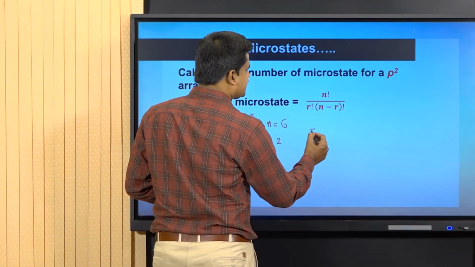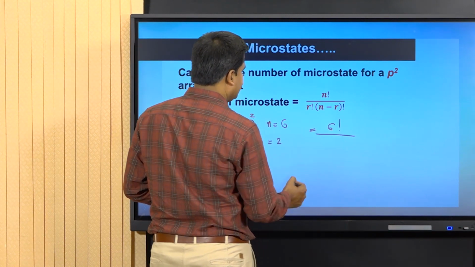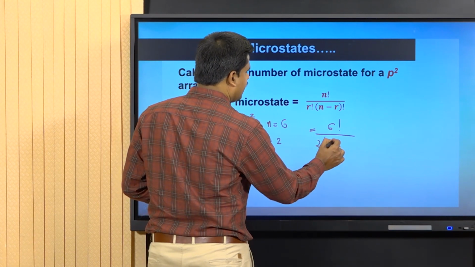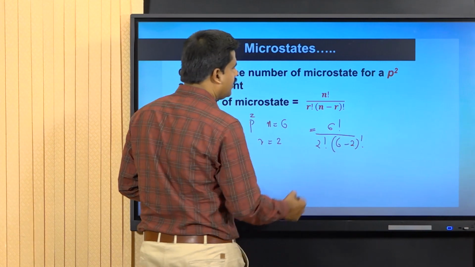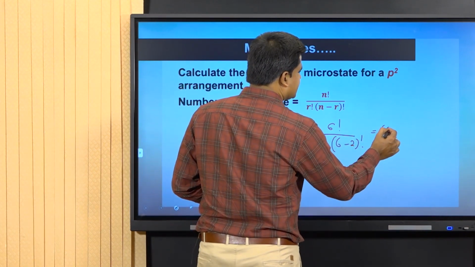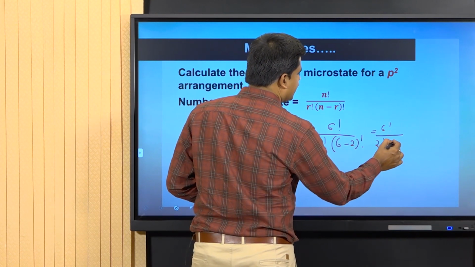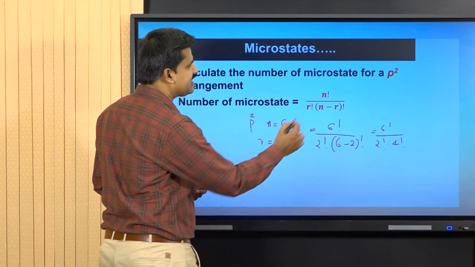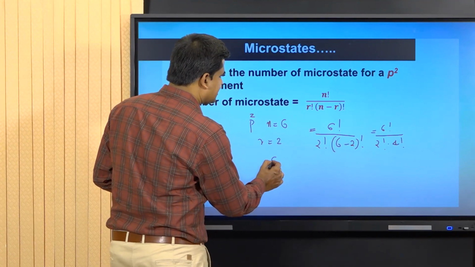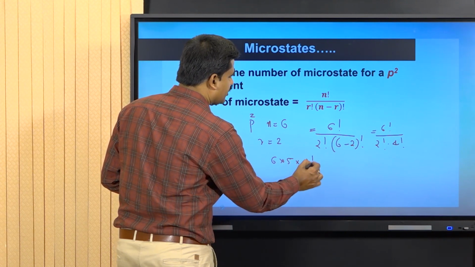Number of microstates is equal to 6 factorial divided by 2 factorial into 6 minus 2 factorial. That is equal to 6 factorial divided by 2 factorial into 4 factorial. The numerator I can simply represent as 6 into 5 into 4 factorial.